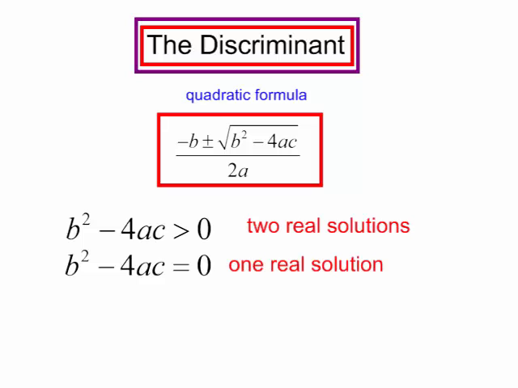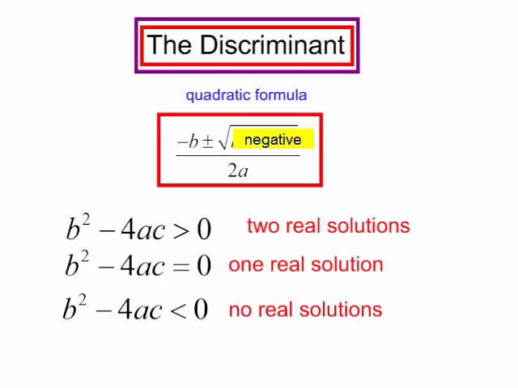If our discriminant is equal to 0, I will just have one real solution, because whether I go plus 0 or minus 0, it will not change my answer. And if our discriminant is less than 0, it's a negative number, I will have no real solutions.